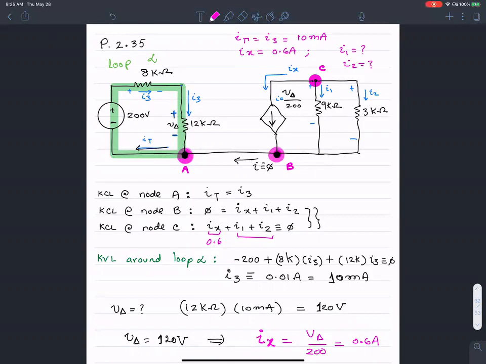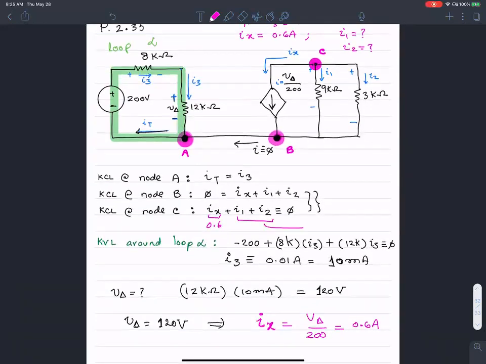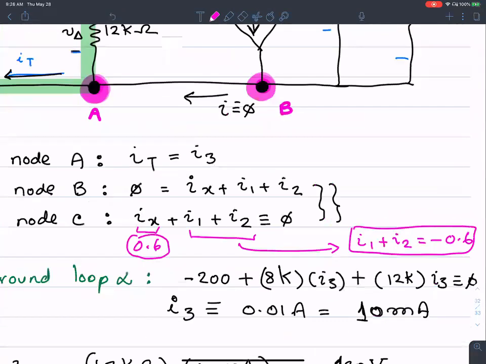In order to do that, I can modify this equation to say I1 plus I2 is negative 0.6, because I got a value of 0.6 here. So that much I can use.